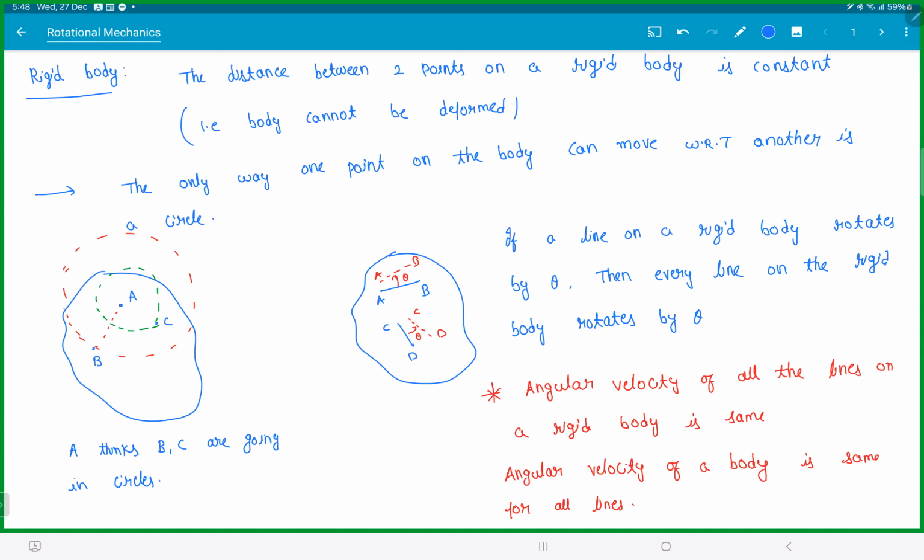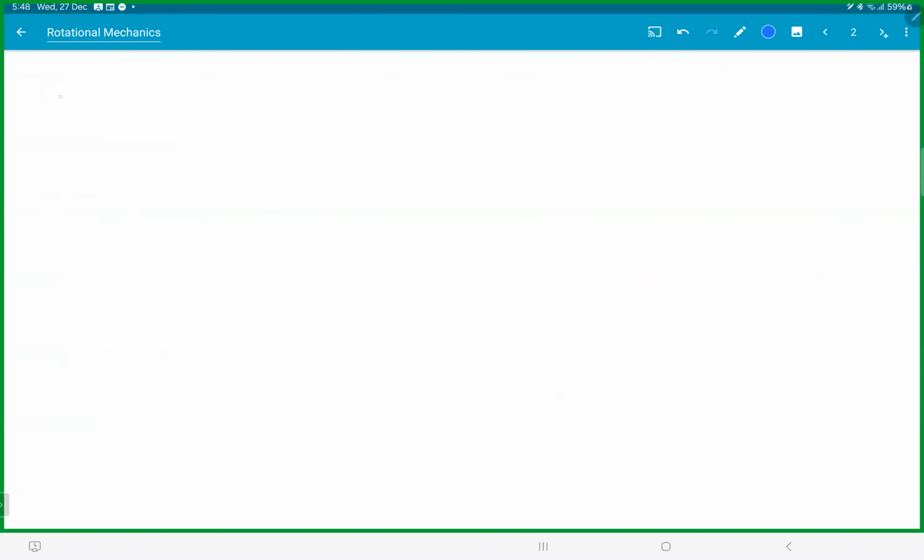So let me show you that example also. Everyone clear with this? So what we studied till now was the angular velocity of a particle. You treated the whole body as a particle and you studied it. It depends on the observer.